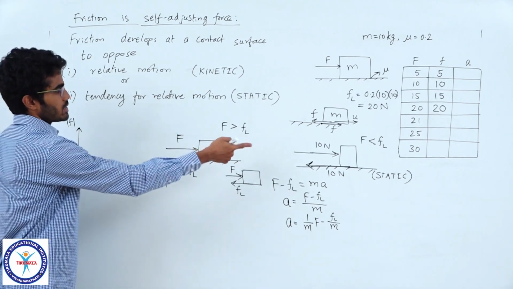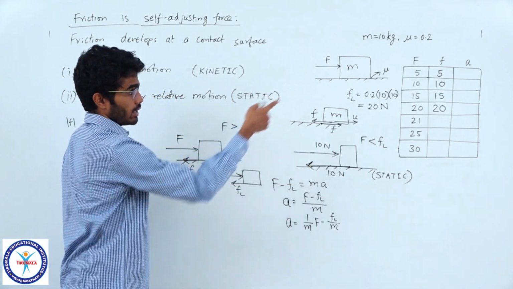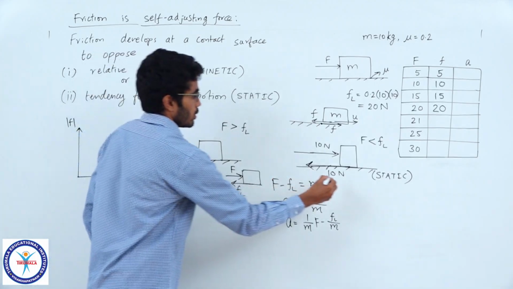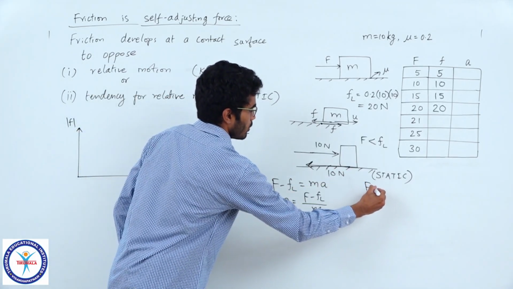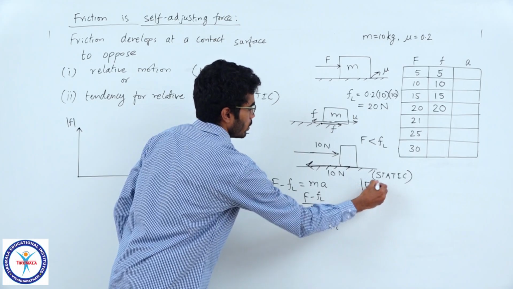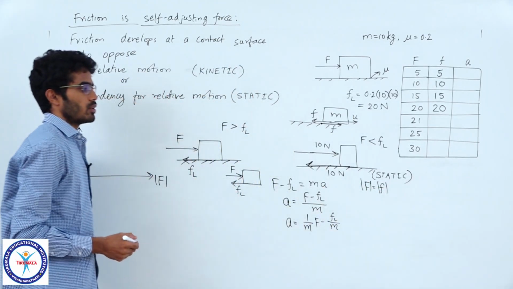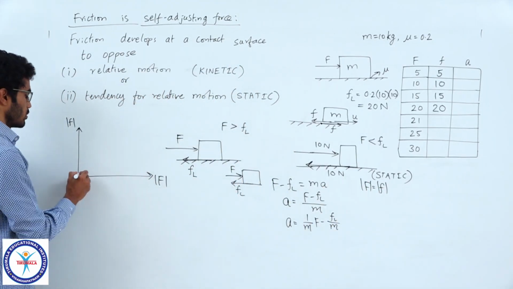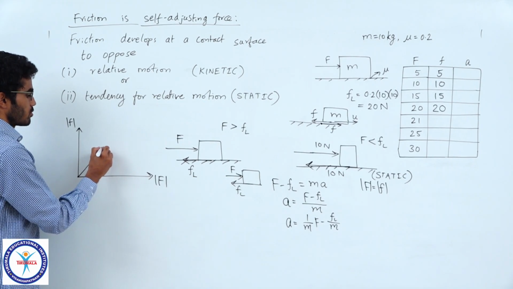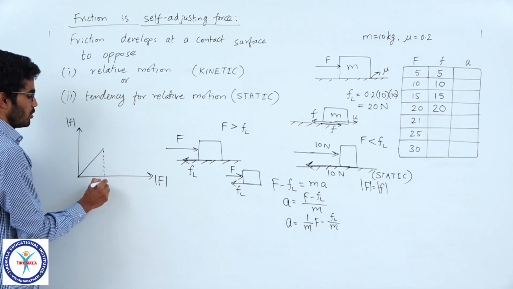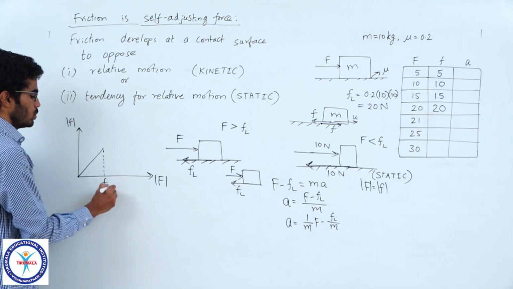As the force is increasing, the friction is also increasing, and they are equal. In all these cases, the friction developing is equal to the force applied. So, we have a straight line here, a y equals x graph, up to the point where the force acting is equal to limiting friction.